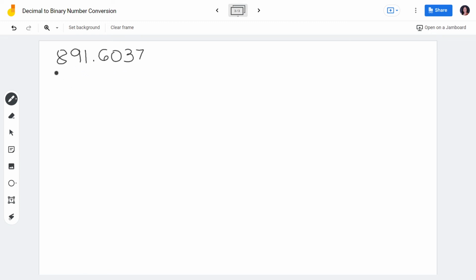For the integer part, we have 891 divided by 2. 8 divided by 2 is 4, 4 times 2 is 8, and then 9 divided by 2 is also 4, 4 times 2 is 8, and then 9 minus 8 is equal to 1, and then carry down 1.